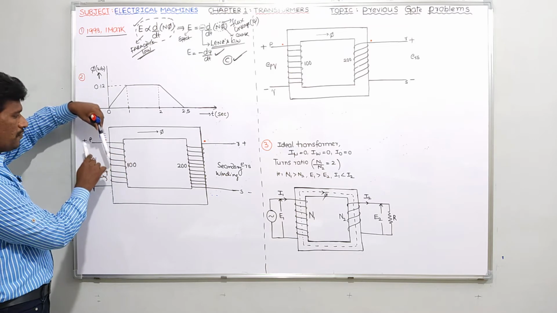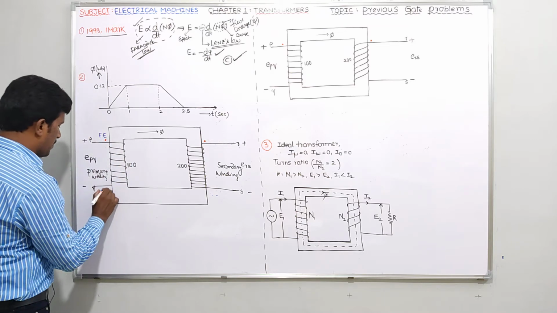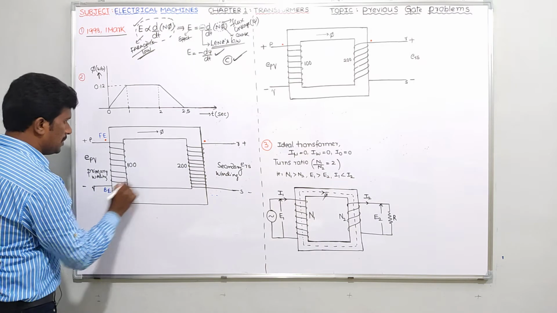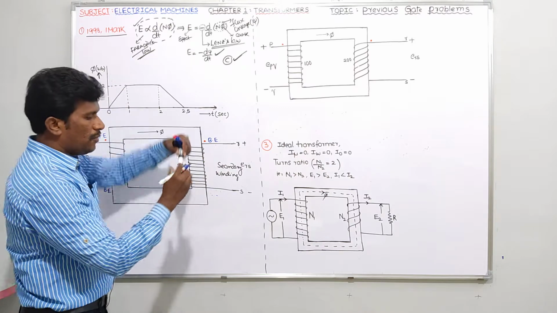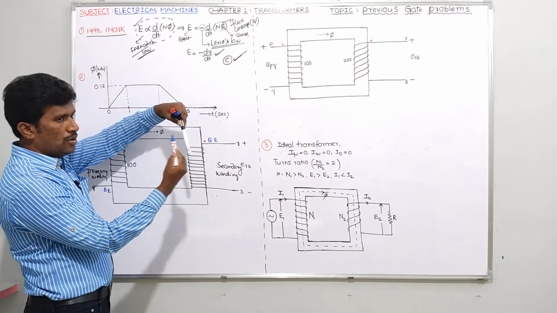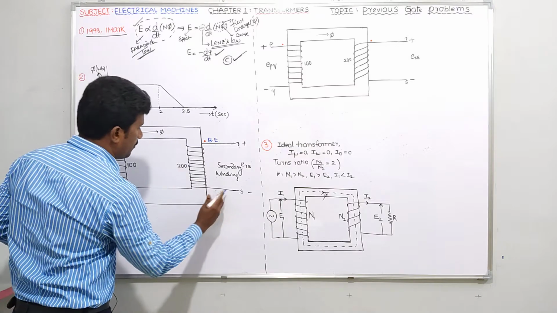The winding going from the back side of the core, this end can be taken as a back end. Similarly here, this one is a back end, because the winding is coming from the back of the core, and the winding leaving from the front side of the core becomes a front end.